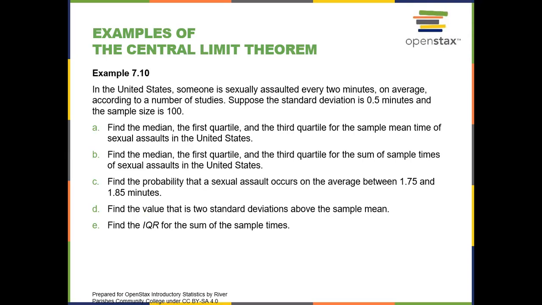Second verse 3, now. Median is the 50th percentile, so area is 0.5. What is the mean? It's equal to the mean of the population, which is 2. What is the standard deviation? It's 0.5 divided by square root of 100, which is 10, so 0.05.